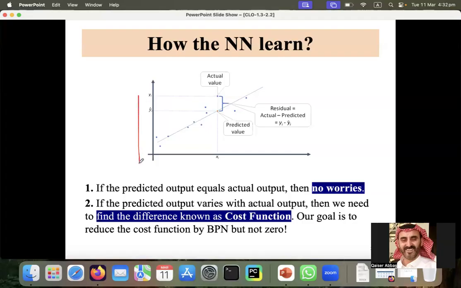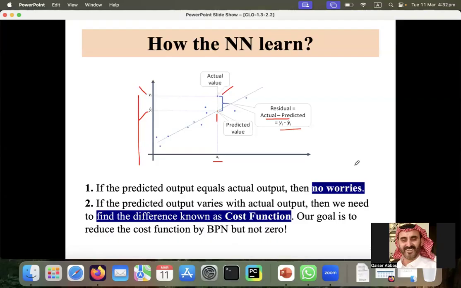This discussion is again mentioned here. So you have the graph. xi is the input, yi is the class which is available in the data set, and y cap is the class that is predicted by your model. This is the point for the actual class, and this is the point for your predicted class. If there is a difference, you find it by subtraction, actual minus predicted or something like that.